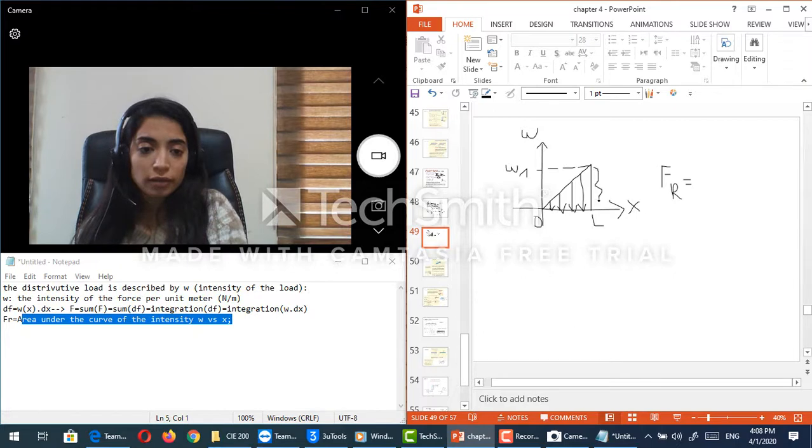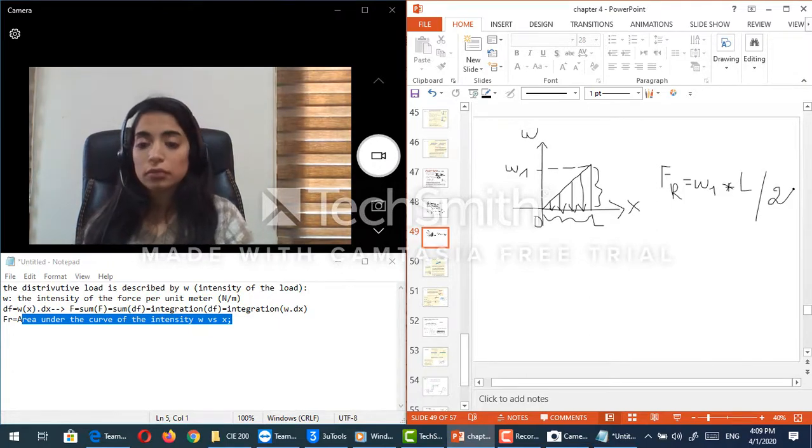It is the height that is given here by omega 1 times the base over 2. Okay, so it is omega 1 times L over 2. So this will be F resultant.